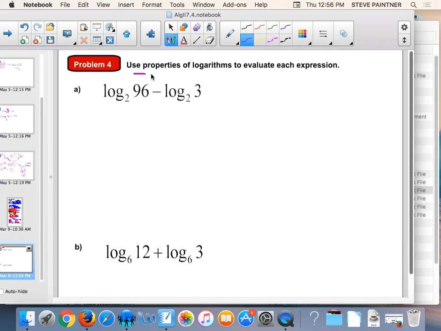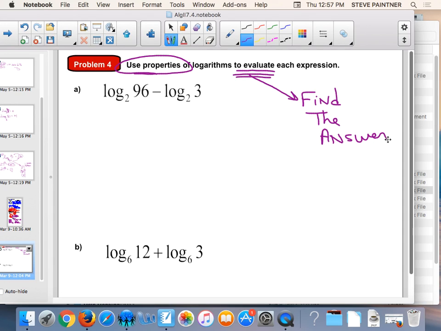Here it is. Use your properties to find the solutions, or I was just going to say answer. Okay, so what is the answer? Do it. Once you do it, I'll come to you and I'll say, yep, nope.